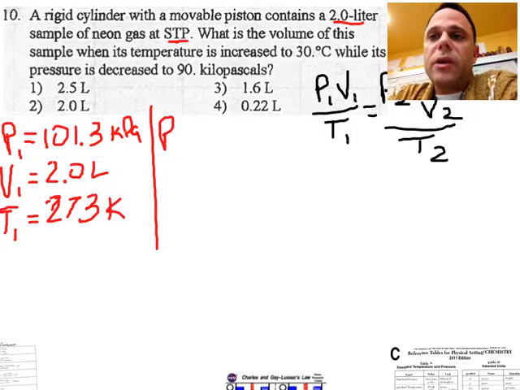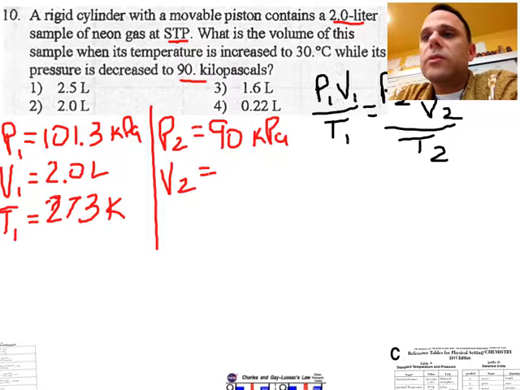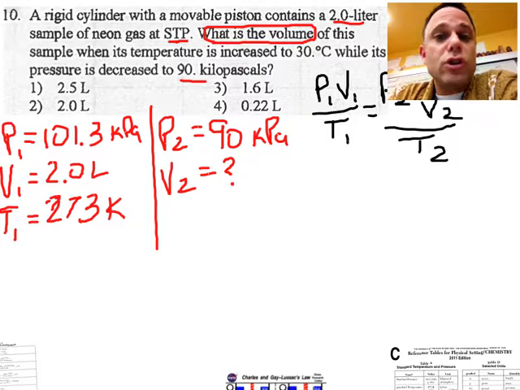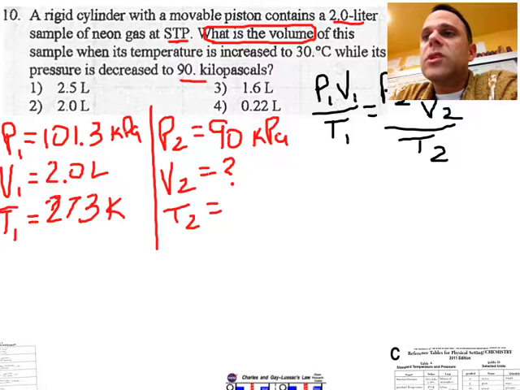Now, do we have a P2? Yes, 90 kilopascal. Do we have a V2? Well, it says, what is the volume? We do not have a V2. Do we have a T2? T2, 30 degrees Celsius.